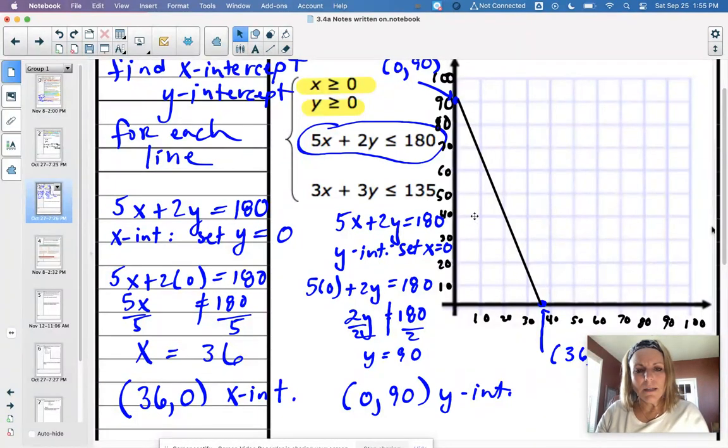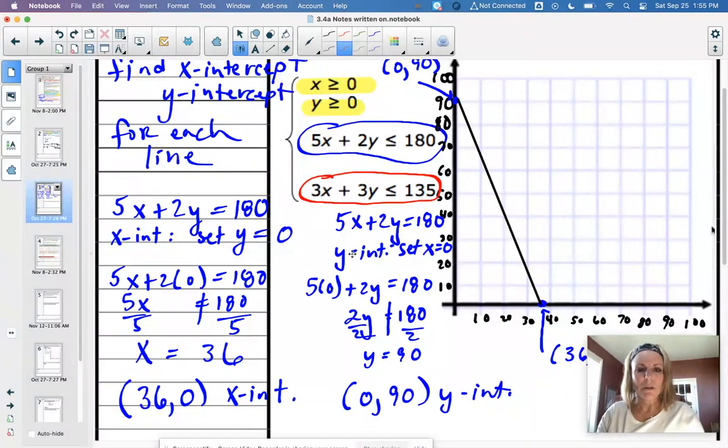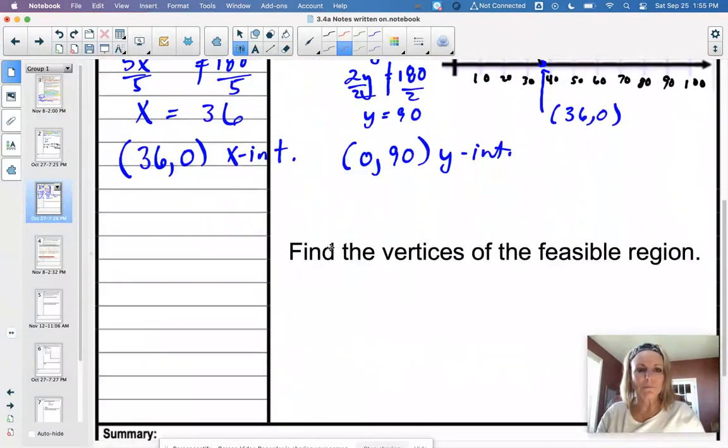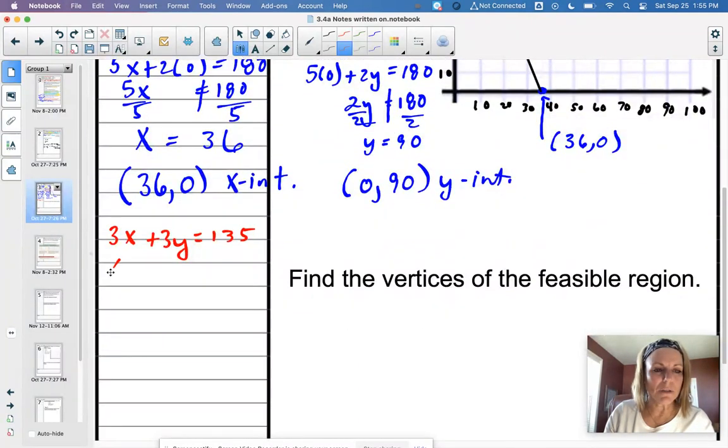All right, next, we're going to go to the other line, which is the red line right there. I'm going to scroll down. We have 3x plus 3y equals 135. And again, we're going to find the x-intercept of this line. We're going to set y equal to 0.